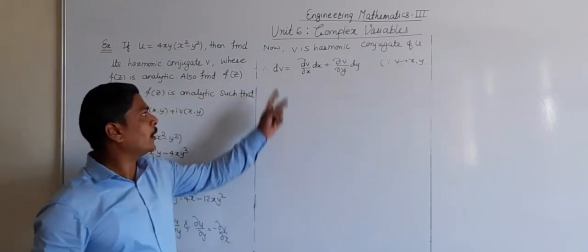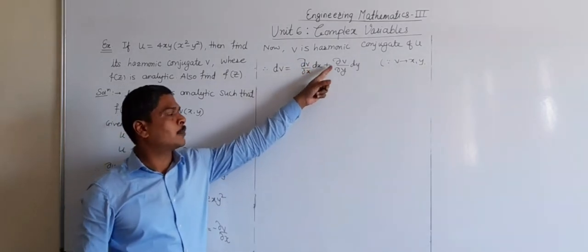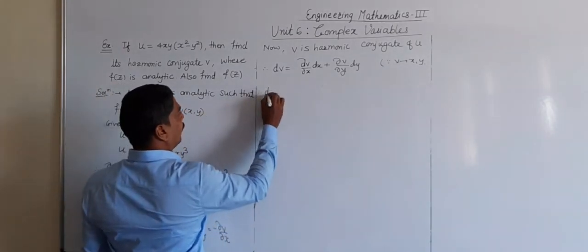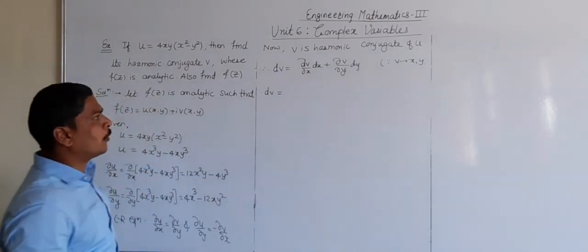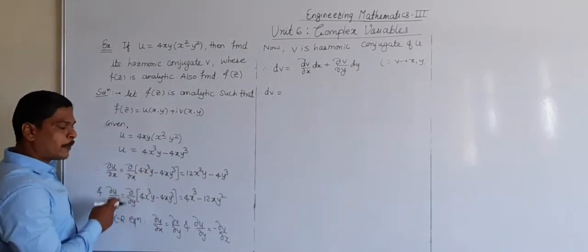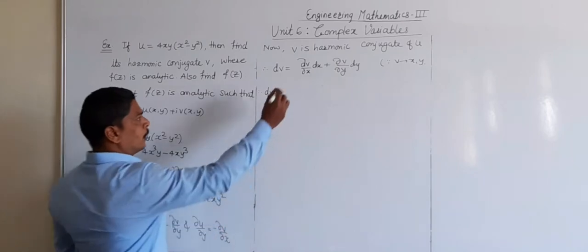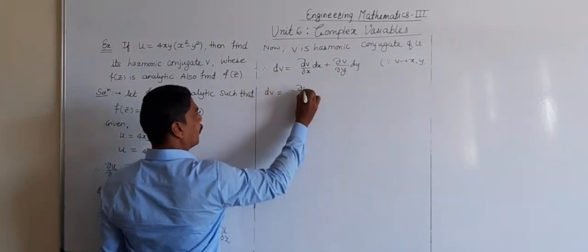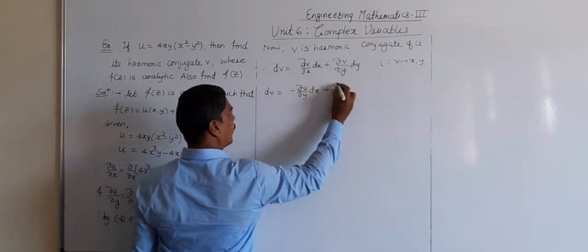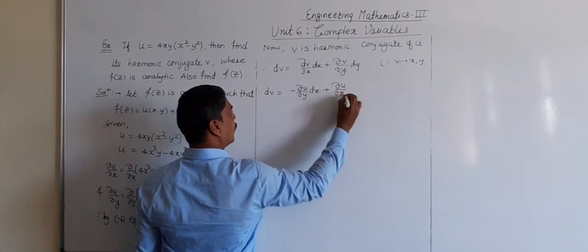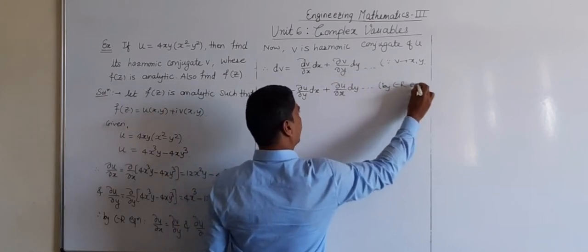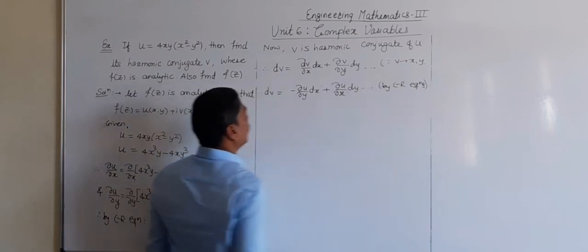And therefore dv is equal to, we don't know the value of the partial derivative of phi with respect to x and y, but we know the partial derivatives of u with respect to x and y, and our Cauchy-Riemann equations. So the derivative of phi with respect to x becomes minus of the derivative of u with respect to y into dx plus the derivative of phi with respect to y becomes the partial derivative of u with respect to x into dy, since by CR equations, Cauchy-Riemann equations.